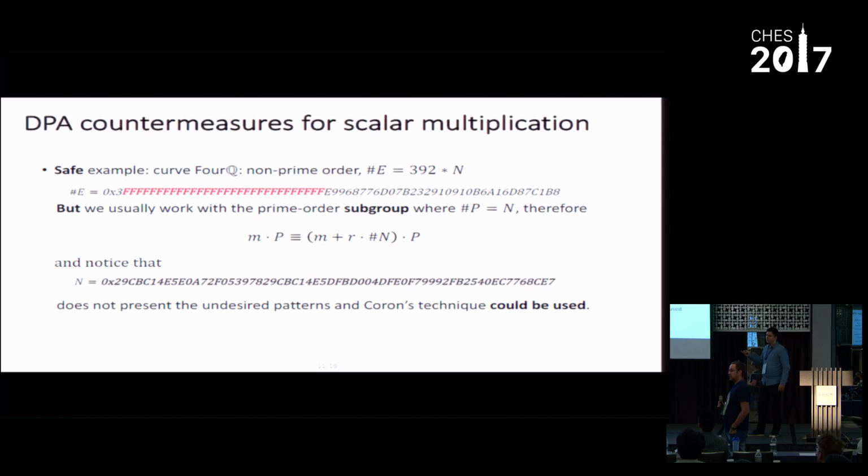Yeah, I understand that, but I was wondering about your statement that it's safe to use the multiples of the number down below. Because if I understand correctly, if you multiply that number down below by 392, you get the dangerous number up above, which means that you only have 392 different multiples modifying the top half of the bits.